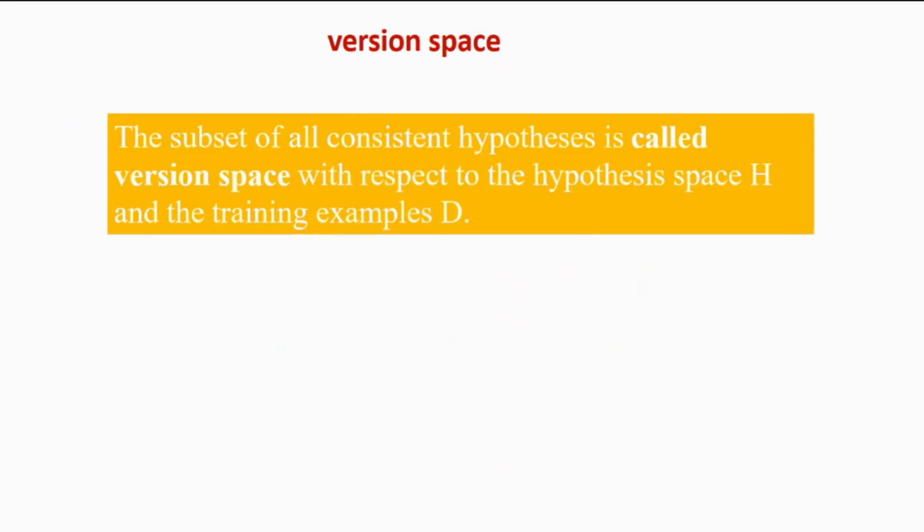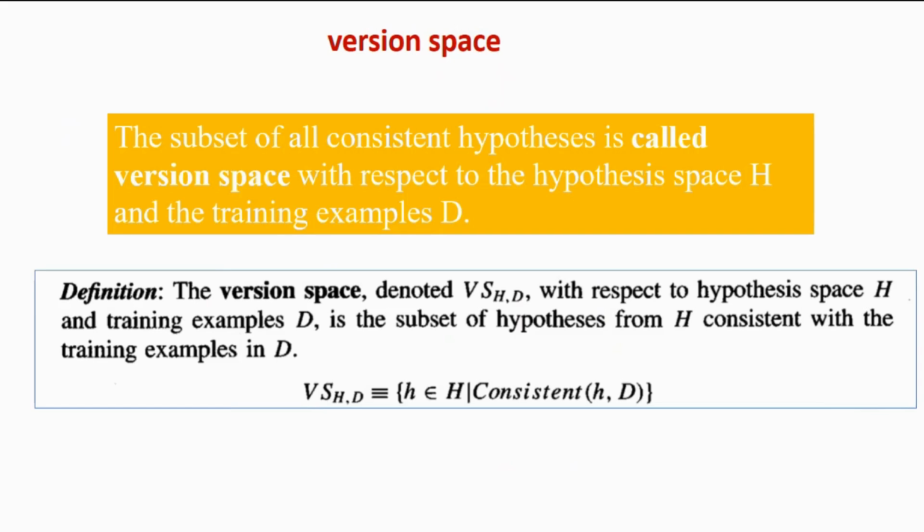Now look at the version space definition. The version space is defined to be the subset of all consistent hypotheses with respect to the hypothesis space H and the training examples D. By definition, in a standard way, the version space, denoted VS with subscript H comma D, where H represents the hypothesis space and D represents the training examples, is the subset of hypotheses from H consistent with the training examples D. So the version space is the set of all hypotheses that are consistent with the training examples.